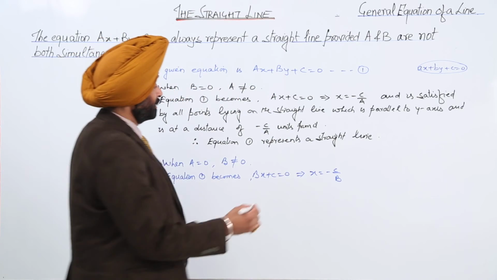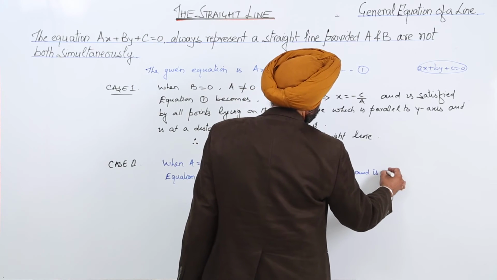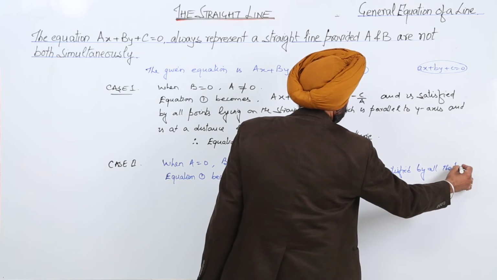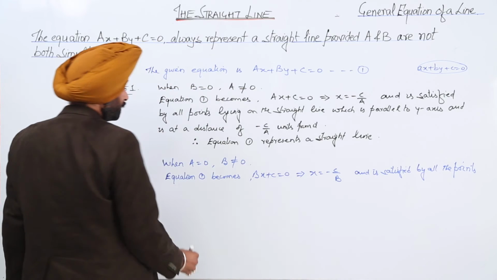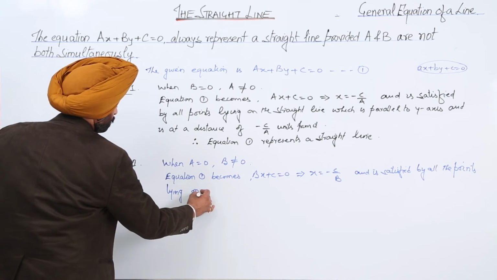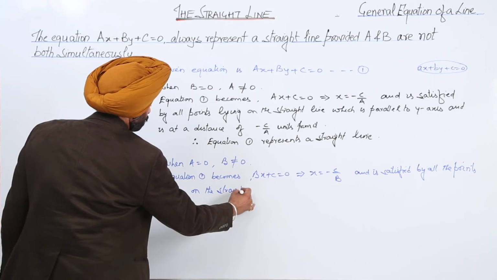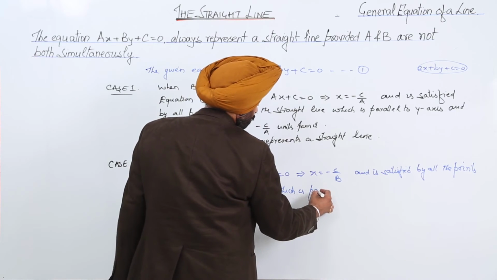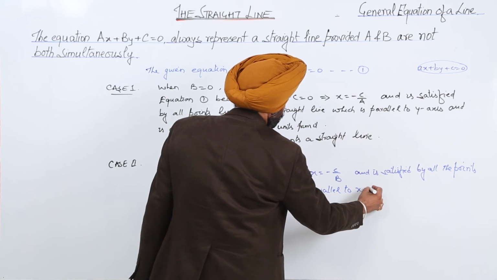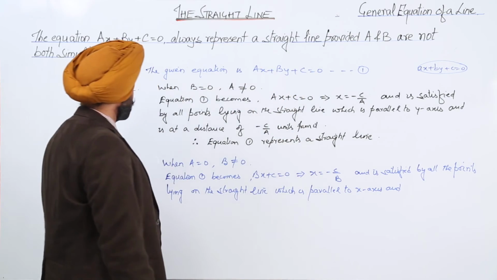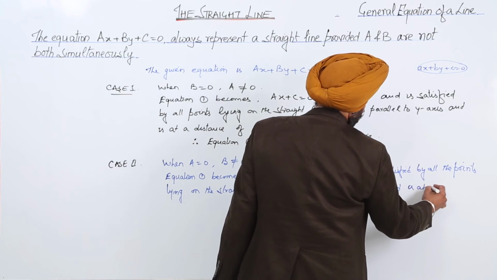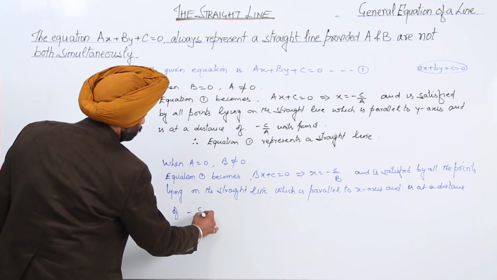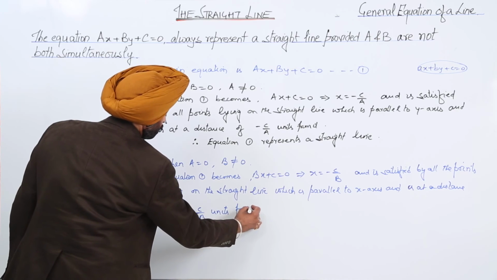Okay? Same thing, and it is satisfied by all the points lying on the straight line which is parallel to x-axis and is at a distance of negative of c upon b units from it.